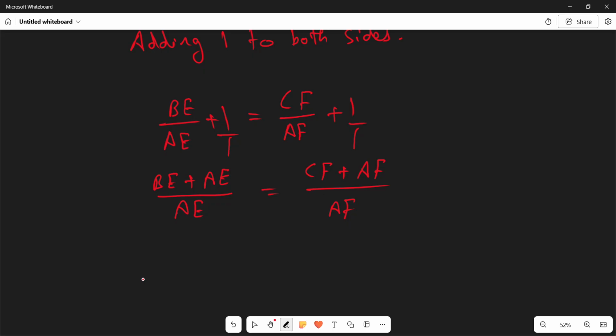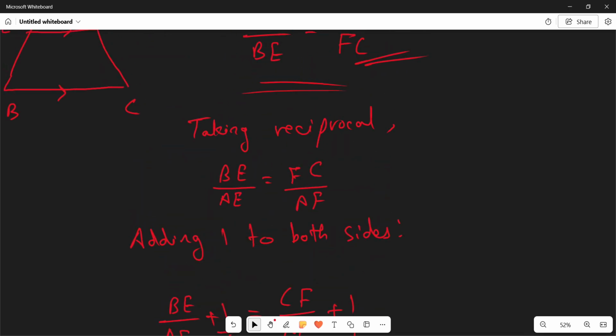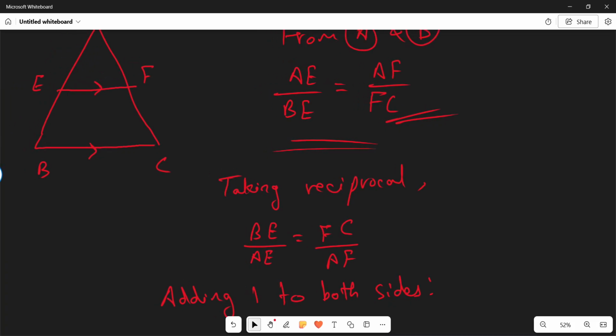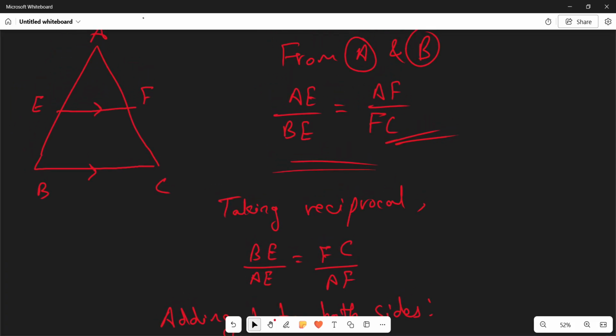What is BE plus AE? AE and this BE, when they both are added, it becomes AB. Same way AF and FC, they join to form AC.